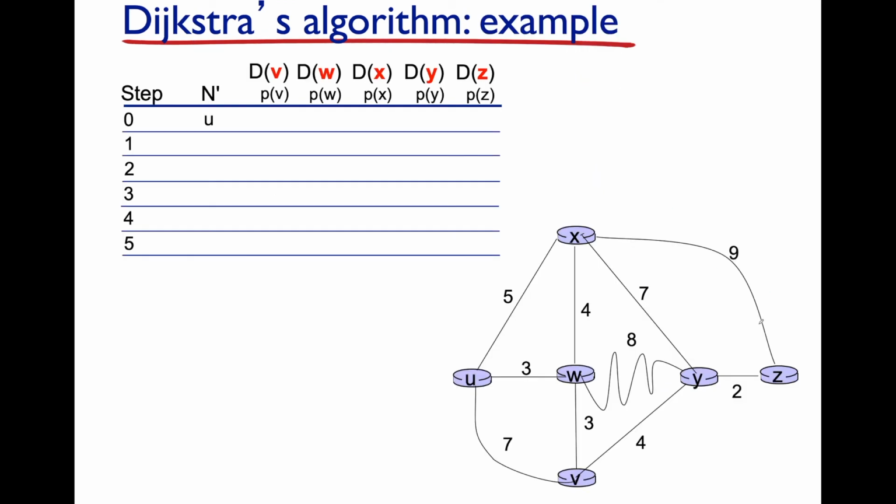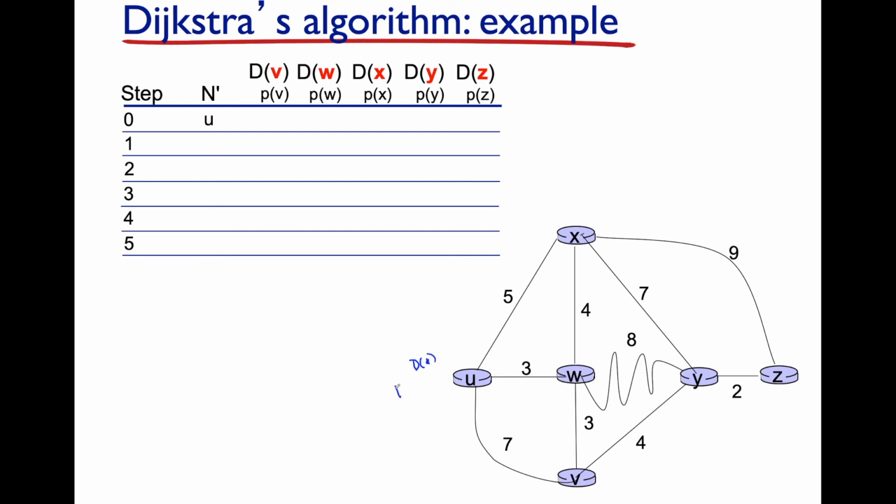Okay, so let's take a look at this example. So this Dijkstra's algorithm is running in node U. So this distance vector is the entry in the distance vector for U to get to some arbitrary node.